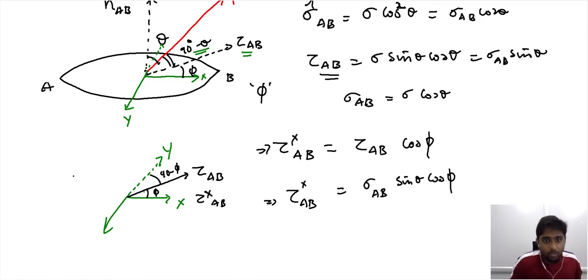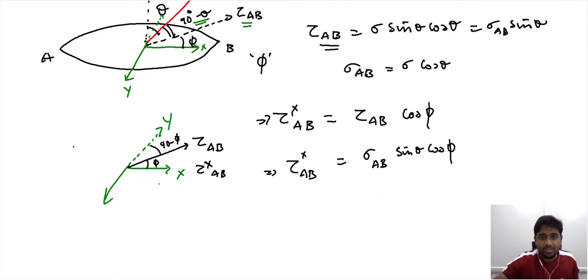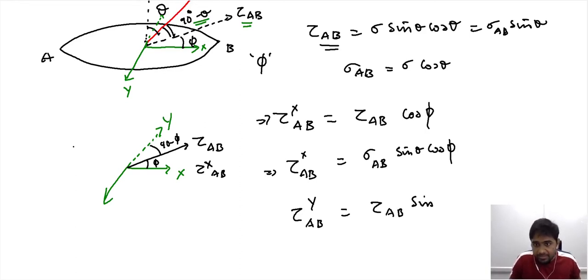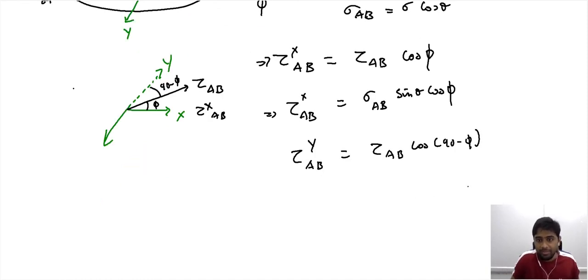We have considered the y-axis. Now we want to understand the shear component of the stress acting on the surface of AB but along the y-axis, and that would be tau AB, since we are projecting this stress onto the y-axis, cos of 90 minus phi, and ultimately what we would end up having is tau AB sine of phi.